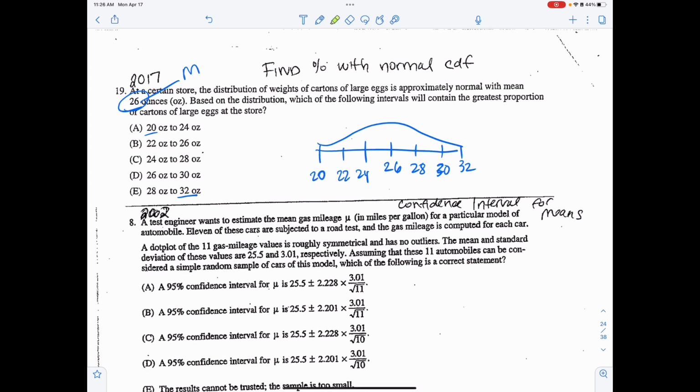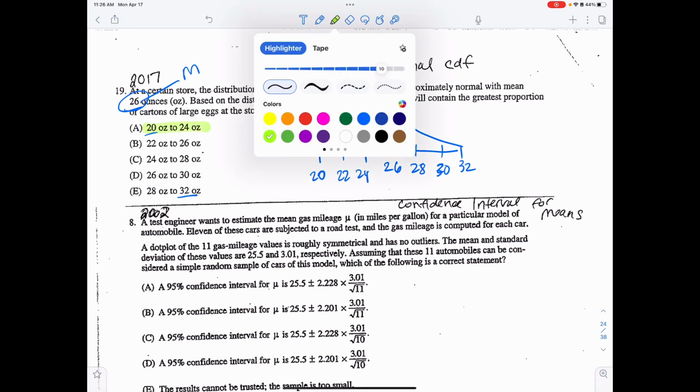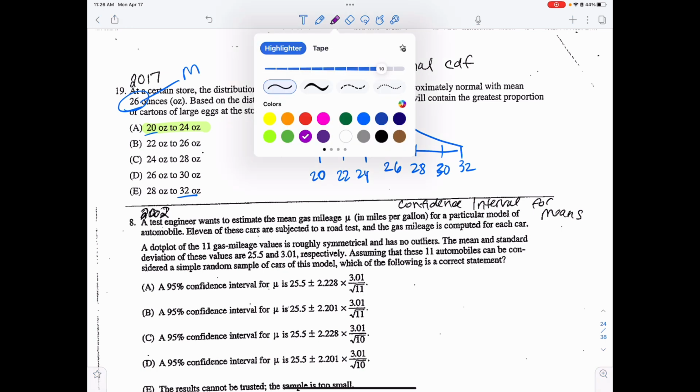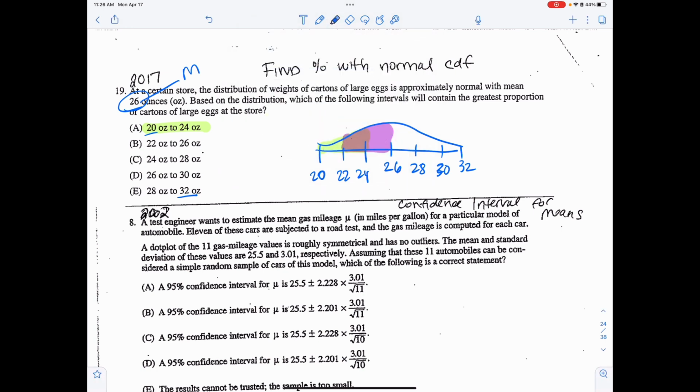So I can see, if this was what the distribution would be, 20 to 24 would be here. The next one, 22 to 26, would be here. You see, that's bigger area because it's in a bigger space. 24 to 28 is even more because it's smack dab in the middle. And then it continues. 26 to 30 is going to be the same as 22 to 26.